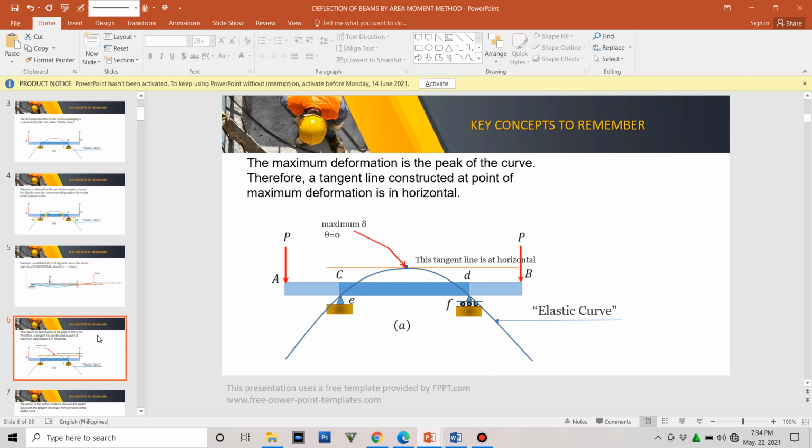So, similarly, horizontal rin yung tangent line dun sa maximum deformation. Remember, kapag maximum, nandun yung peak or the peak of the curve is located at the maximum deformation. Except for yun nga sa fixed support or sa prop beam or sa overhang na beam. So, normally, andun yung peak kaya yung slope niya, horizontal line.